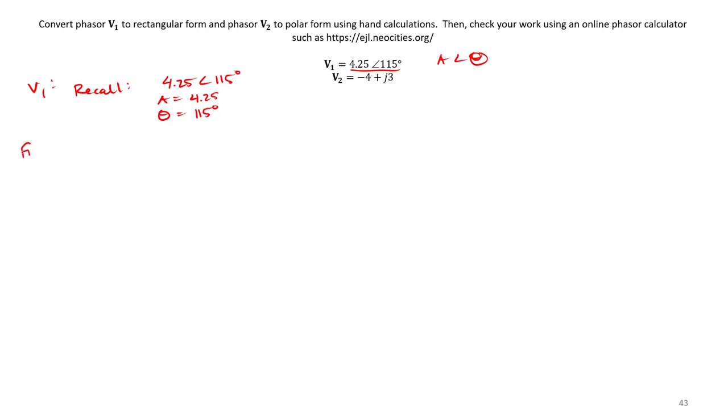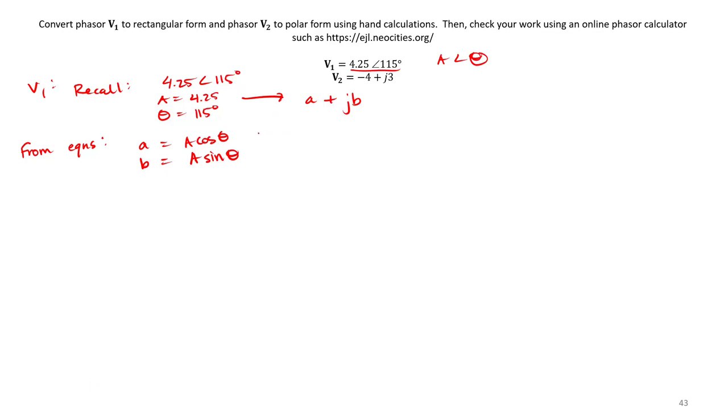And we know from our equations, we can determine that if we want this in rectangular form, A plus jB, we determine A using A cosine theta, and B using A sine theta.